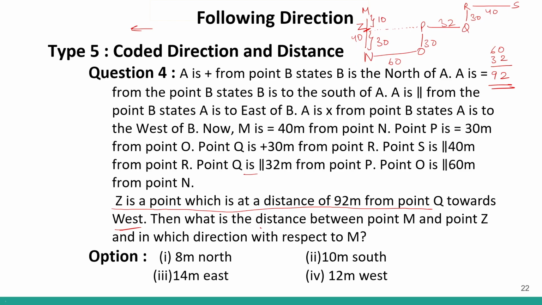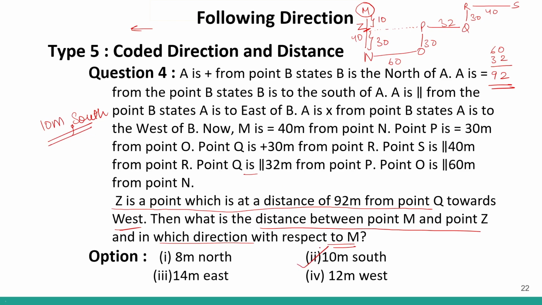Then we have to find the distance between point M and point Z and in which direction with respect to M. So we have to look from the point of view of M. With respect to M, Z is in which direction? It is in south direction. Right? And what is the distance? 10 meter is the distance. So our answer will be 10 meter towards south, which is option number 2.